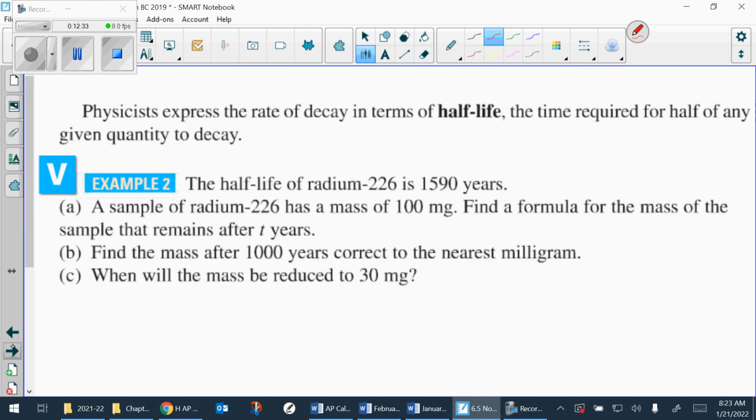Now, one other situation that you're going to run into in your homework, this lends itself really nicely to, is the concept of half-life, the rate of decay in terms of half-life.